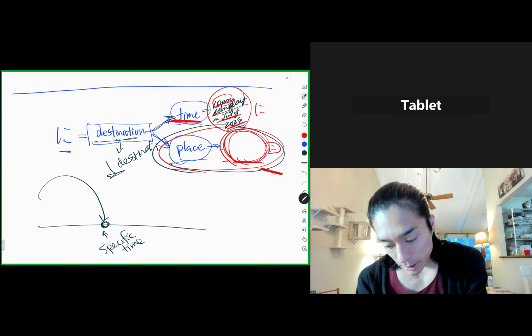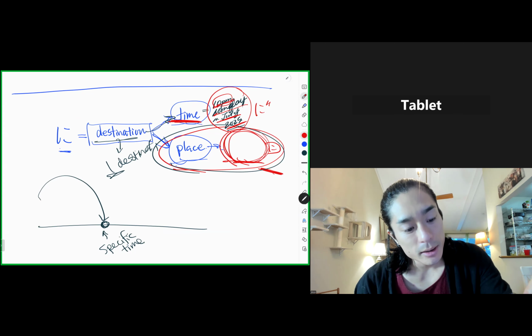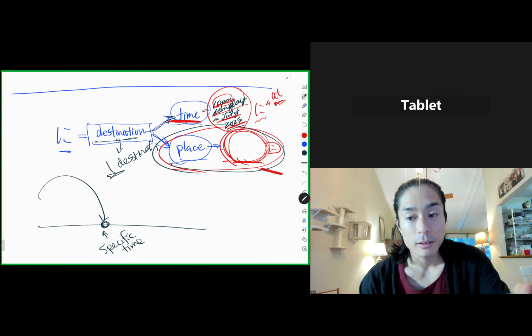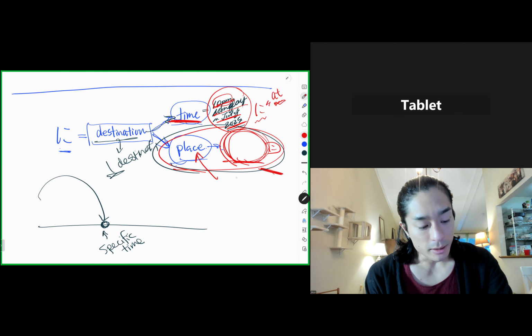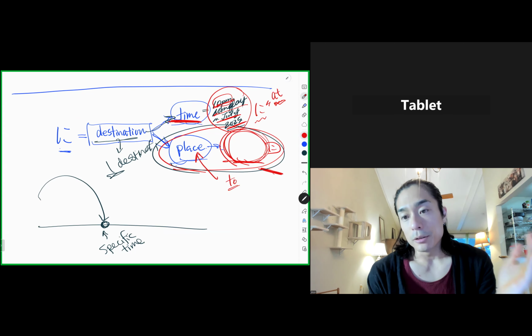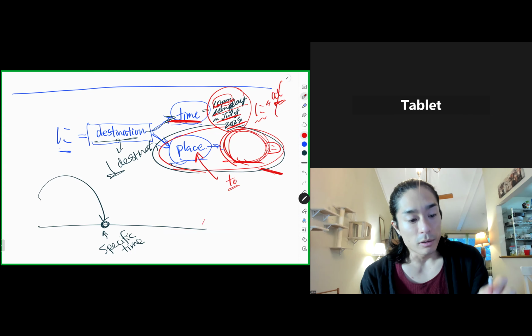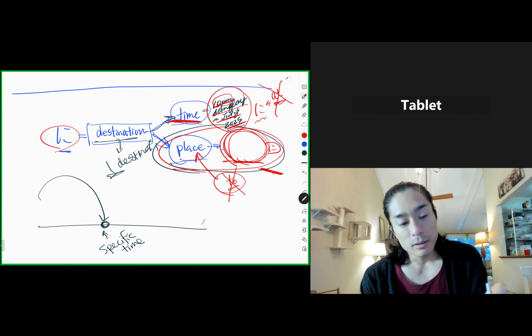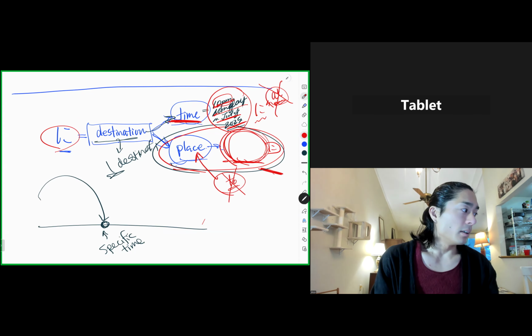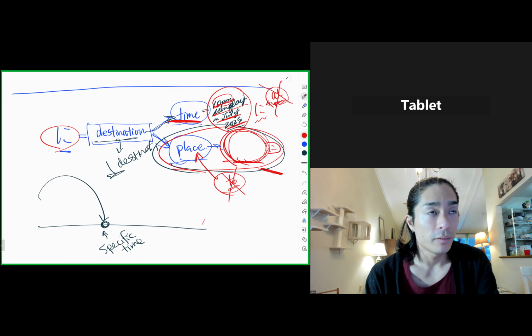I know textbooks and some teachers say it is similar to "at," like at 10 o'clock, right? But then for this place destination, English usually uses "to," right? I go to school. So I don't usually recommend people just simply memorizing each particle with the English version of the word.